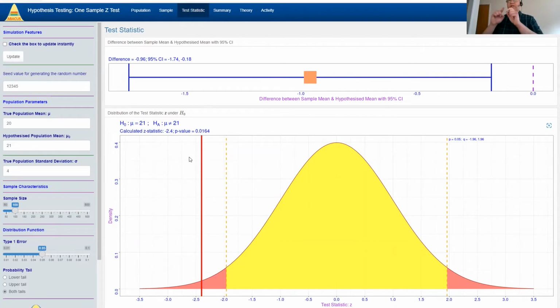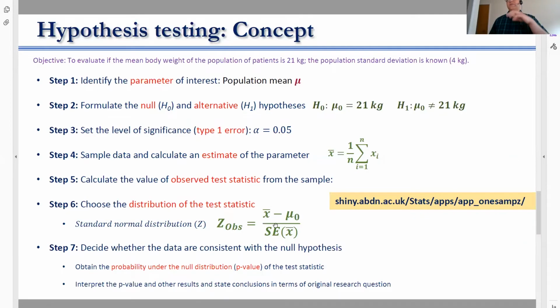If you remember the formula, it takes your observed sample mean from the sample data and what you hypothesized. It captures how far your observed mean is from your hypothesized value, and the standard error is basically scaling this information.